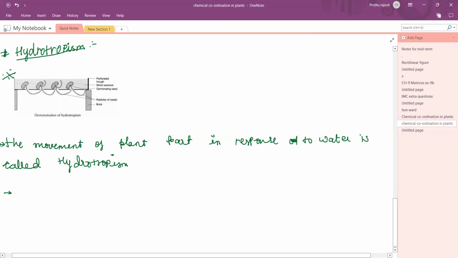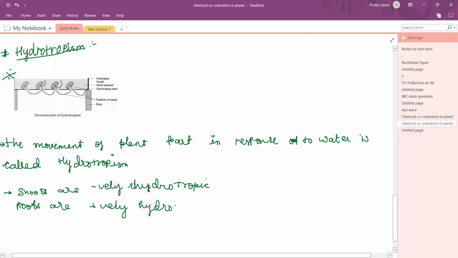Please mark it as important. Now, roots are tropic. So we know that.